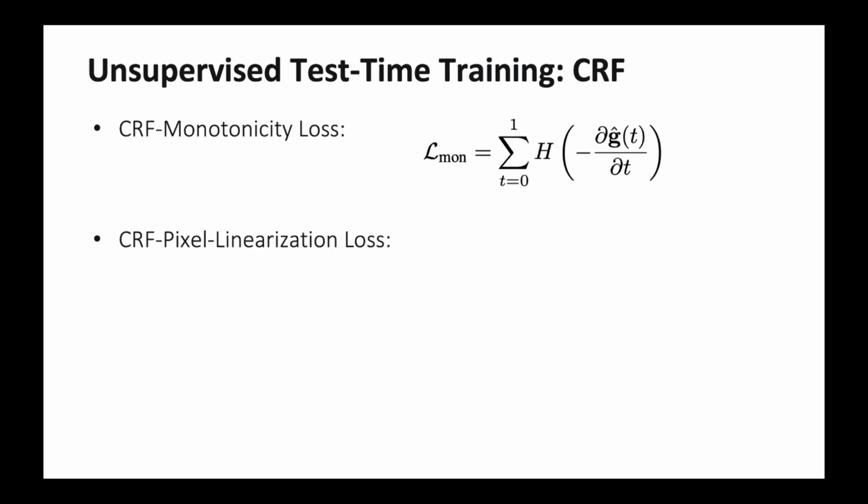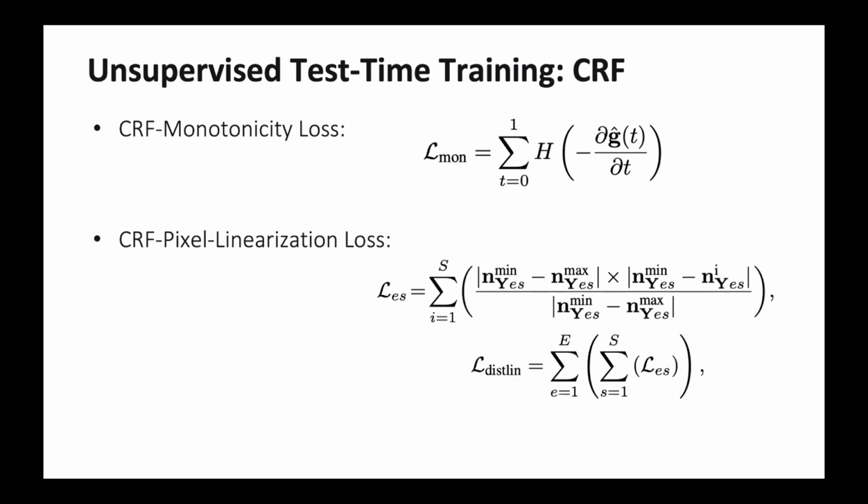We also have the CRF pixel linearization loss. This one is expressed a bit complex in terms of mathematics, but the idea is very simple: in RGB space, the distribution of a patch has to be linear. That is expressed in this linear function on the top.